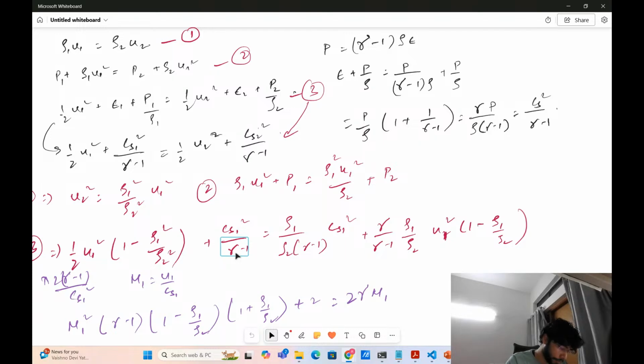Yeah, so this will be equal to, let's see, plus 2, 1 minus rho 1 by rho 2 equals 2 gamma rho 1 by rho 2 m1 square 1 minus rho 1 by rho 2.